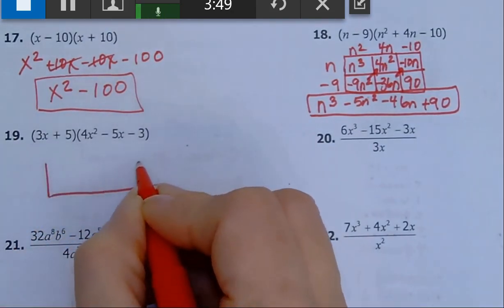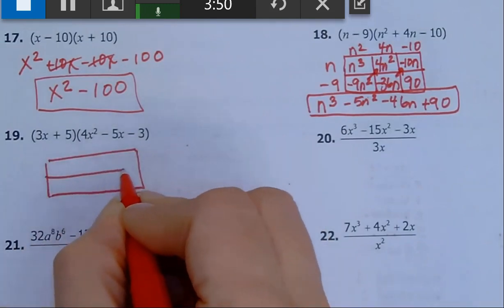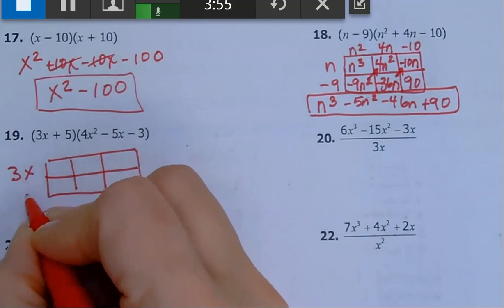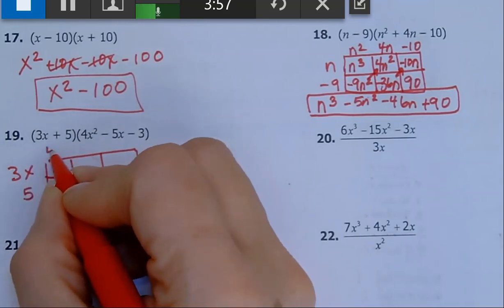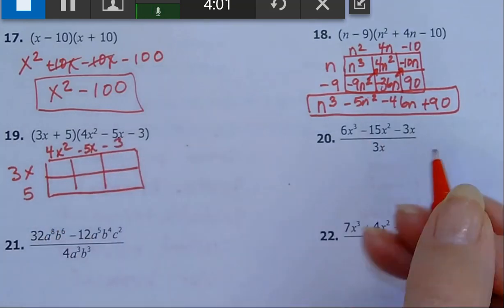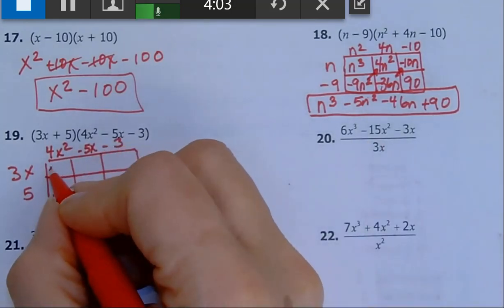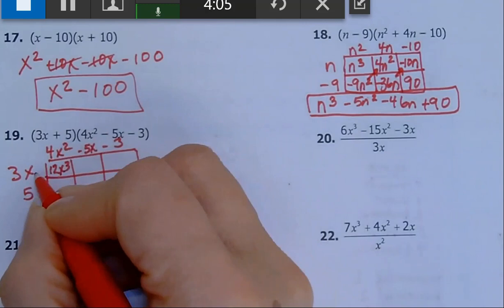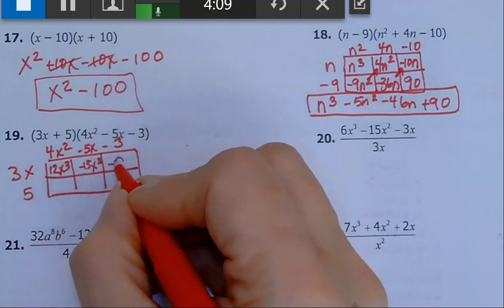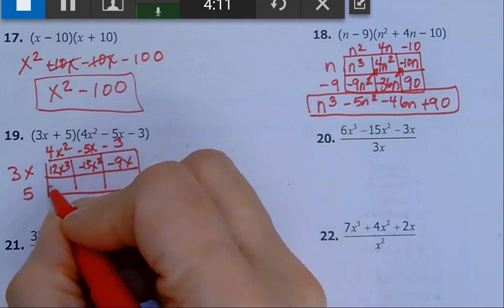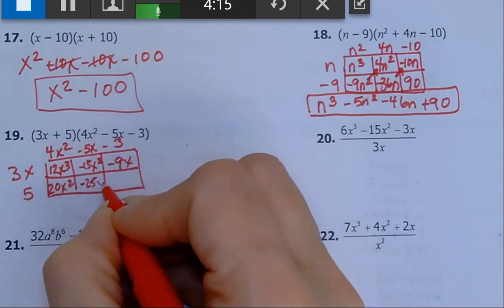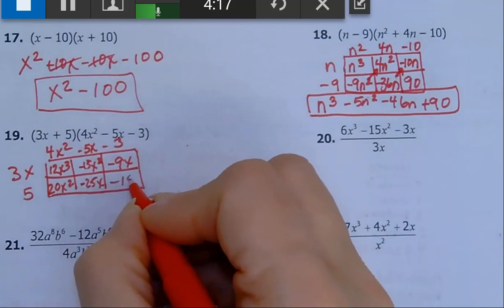I like the box method when I have a trinomial. So I have 3x plus 5. On the top, 4x squared minus 5x minus 3. So when I do this math, I get 12x cubed minus 15x squared minus 9x. I have 20x squared minus 25x minus 15.